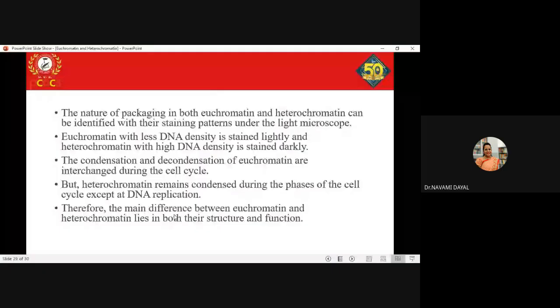But heterochromatin remains condensed; during replication it is in the decondensed stage. So the main difference between euchromatin and heterochromatin lies in both their structure and function. That is it with respect to heterochromatin and euchromatin.